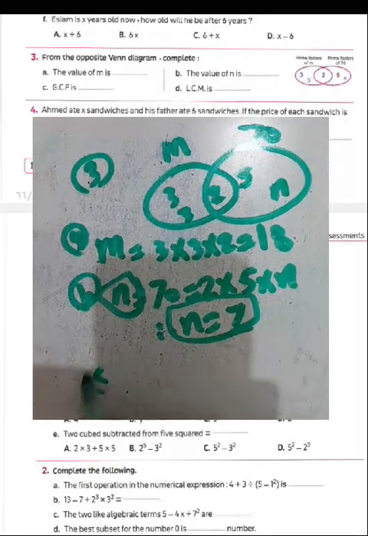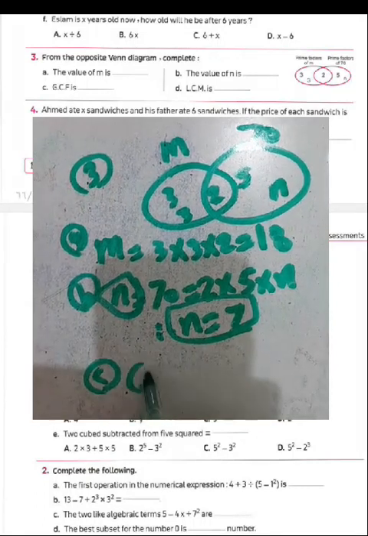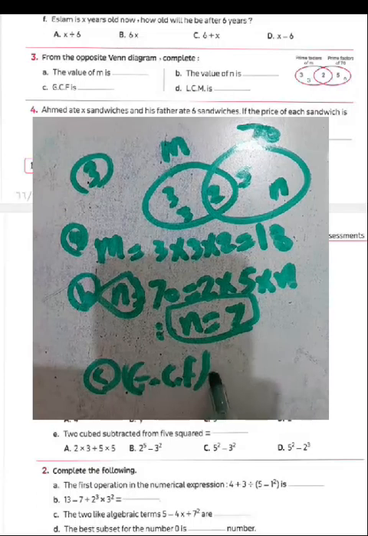We can find the greatest common factor and least common multiple. Greatest common factor between them equal 2.